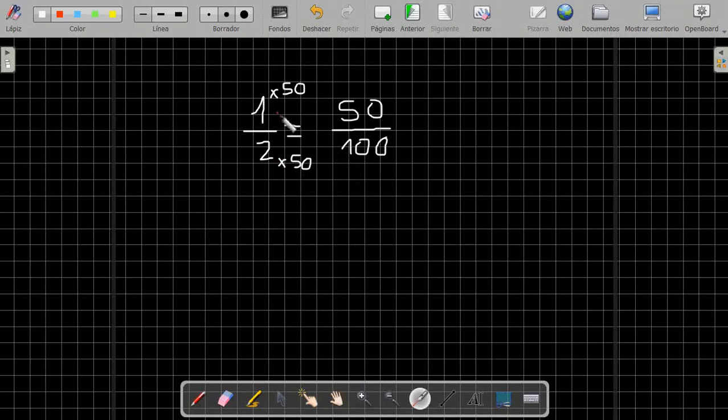And do the same with the numerator. 1 times 50, 50, and 2 times 50, 100. And here is something really interesting you must know. Every fraction with 100 as a denominator is actually a percentage. Keep in mind that it's very important. Every fraction with 100 as a denominator is, in fact, a percentage. So there we have it. A half is equal to 50%.